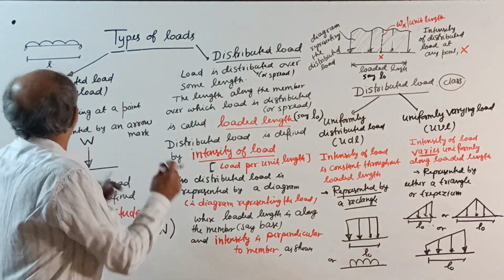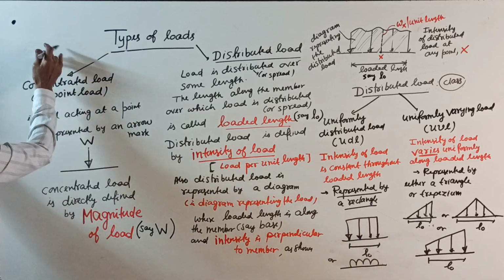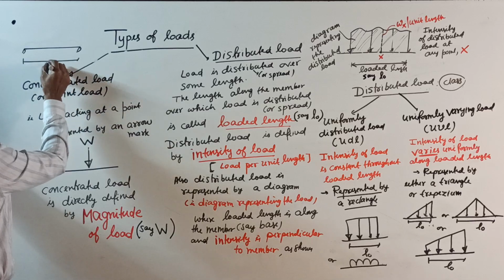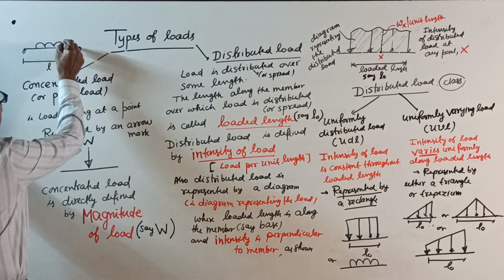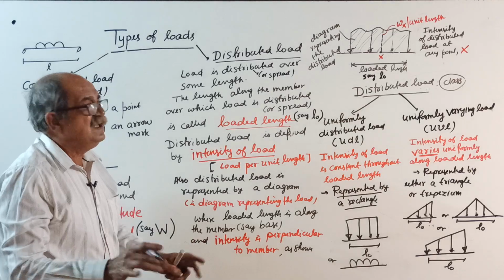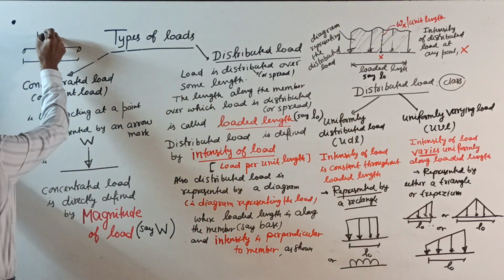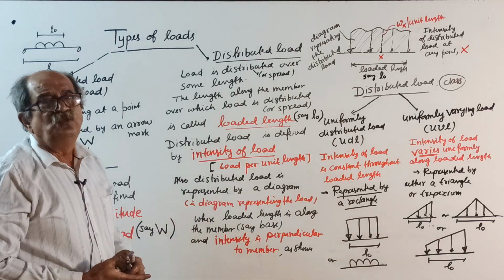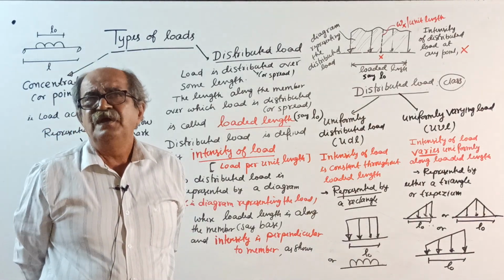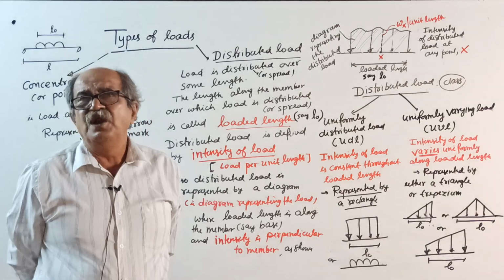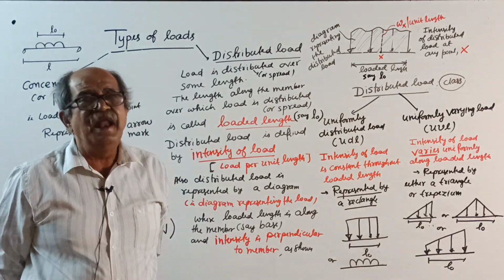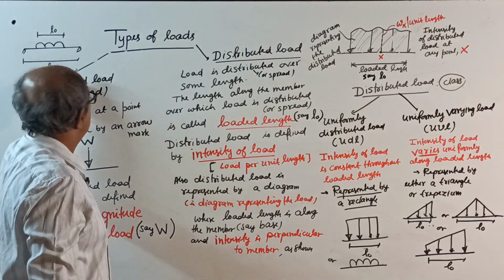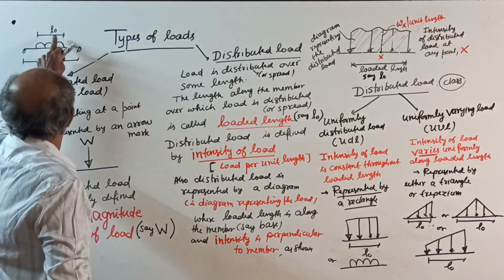Correct. But if the same beam of span L is loaded by either UDL or UVL, anything, and load is spread only for a length of L naught, some length. Now, those people who practice by heart or mechanically, what they will tell: total load equal to W into L. No, it is W into L naught.